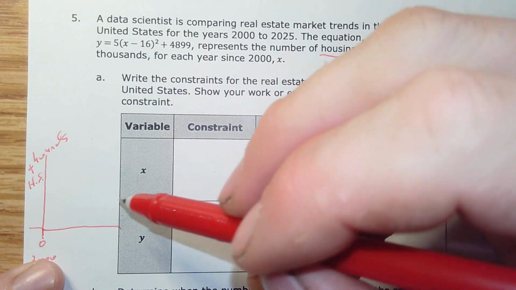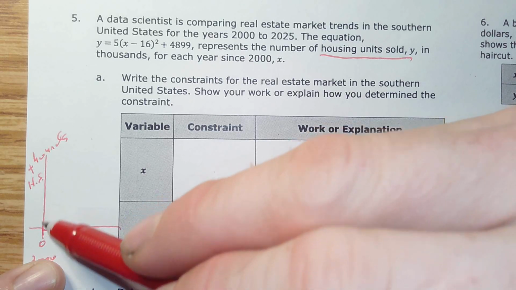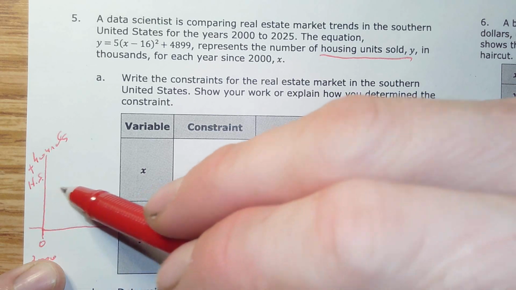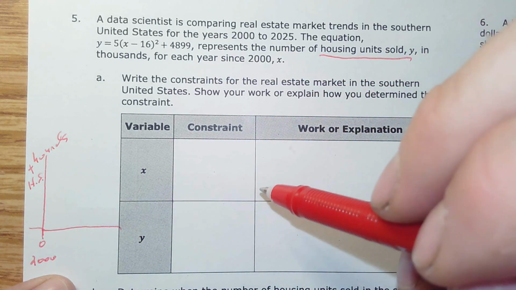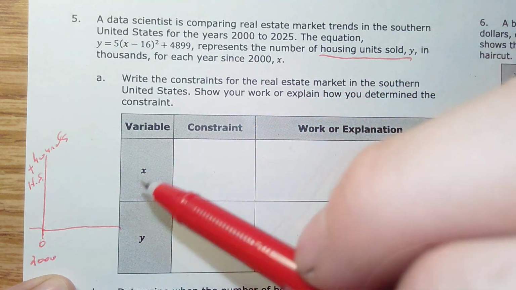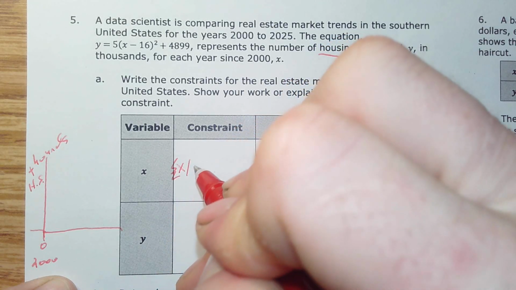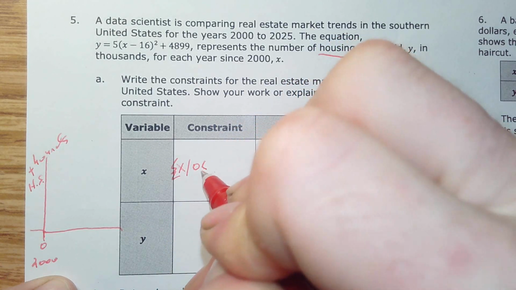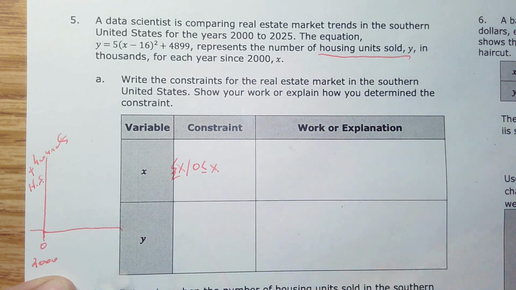So that means that x must be equal to or greater than 0, and then all the way up to where my x stops. So all values of x such that 0 is less than or equal to x.